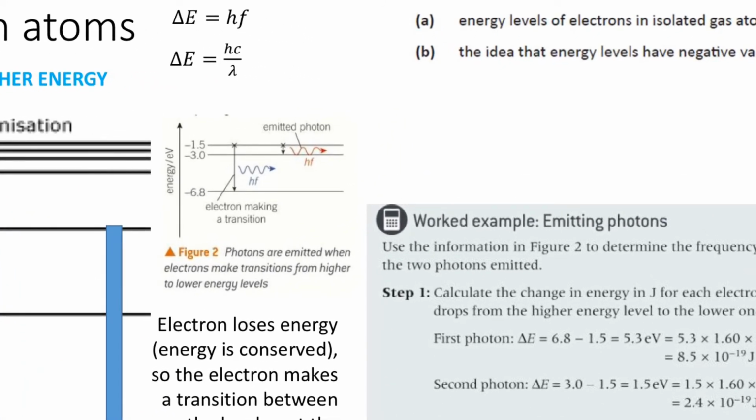In that figure 2 example, you've got the electron making a transition, and sometimes the electron might go down all the way, or it might go in 2 stages. Some electrons might go straight down, and some might jump and release 2 photons. But either way, the total energy released is equal to the energy that it went up by.